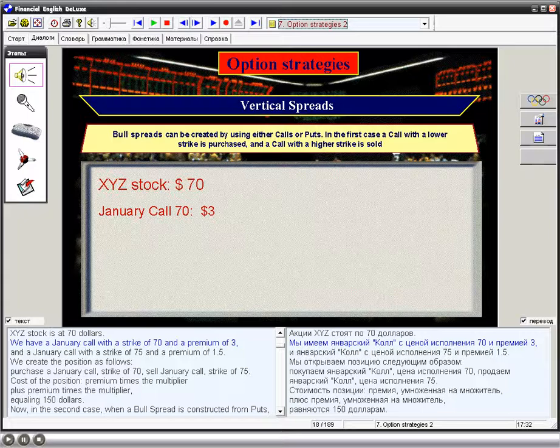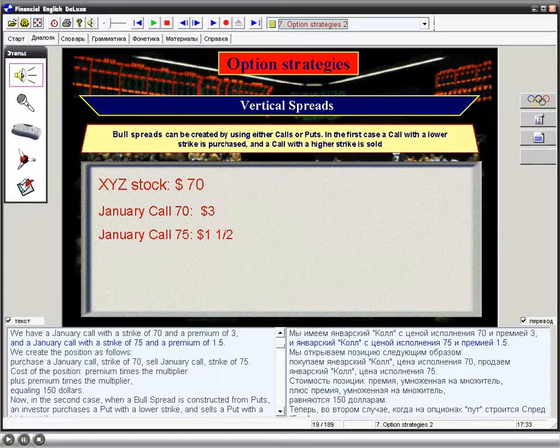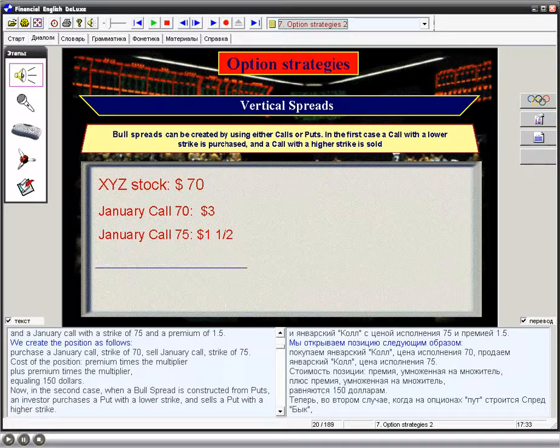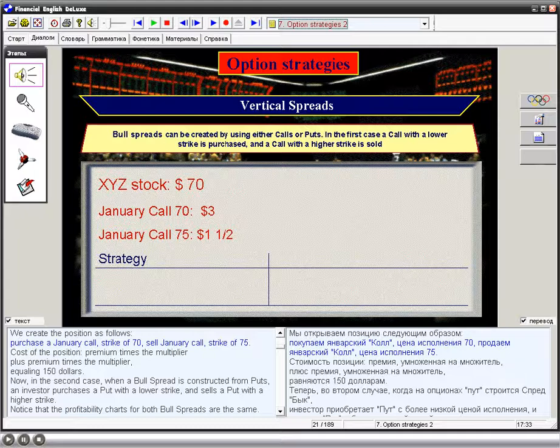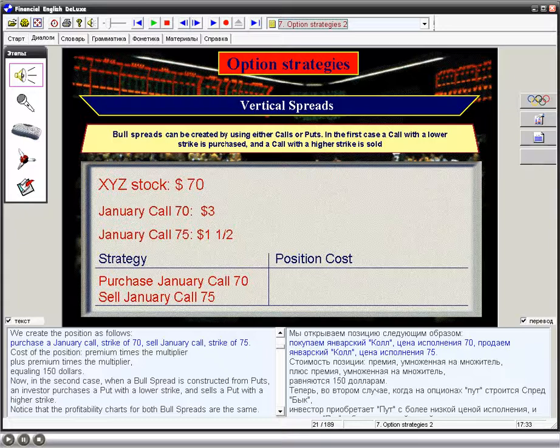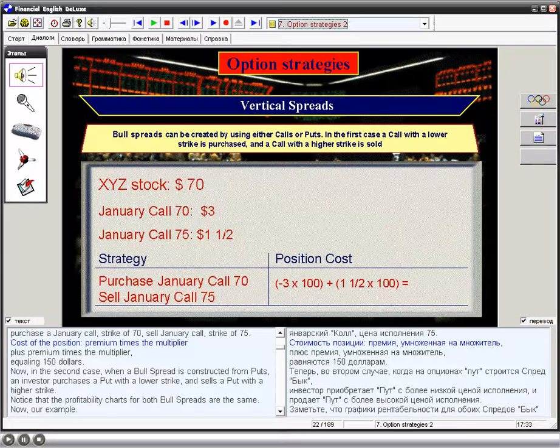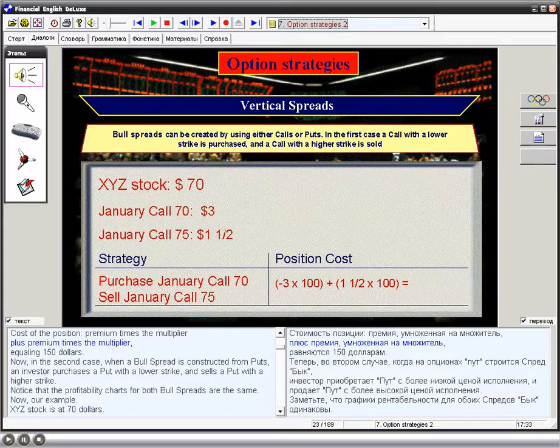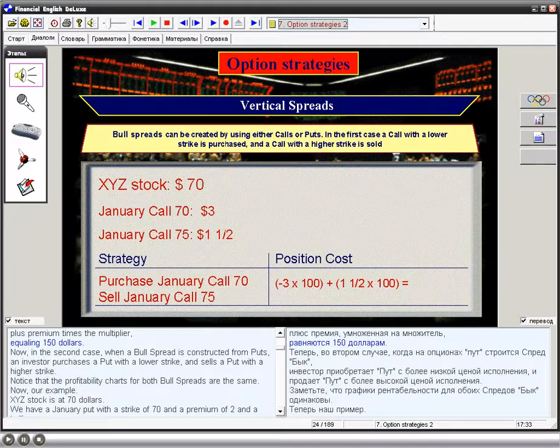We have a January call with a strike of 70 and a premium of 3, and a January call with a strike of 75 and a premium of 1.5. We create the position as follows. Purchase a January call, strike of 70. Sell a January call, strike of 75. Cost of the position, premium times a multiplier, plus premium times a multiplier, equaling $150.